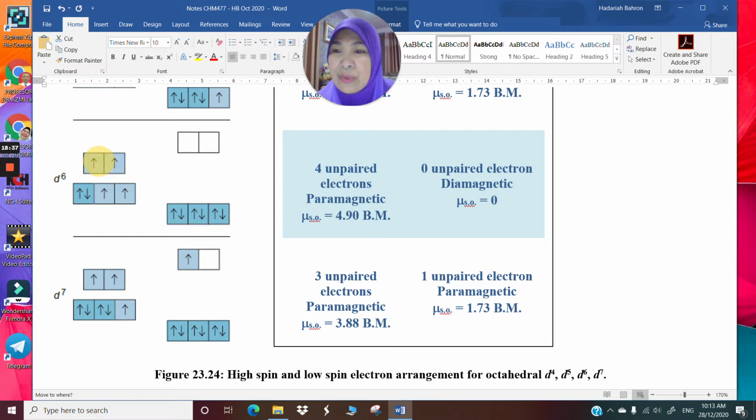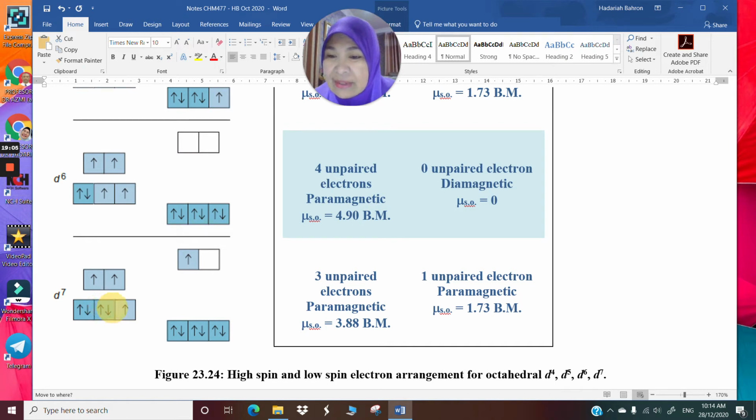For D6 high spin, you have 4 unpaired electrons, 1, 2, 3, and 4, because the 6th electron will pair up with the first one. But for low spin complex, you are going to have no unpaired electrons. All the 6 will be pairing up before they start to fill in the top one.